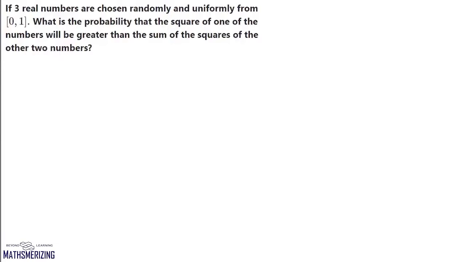If three real numbers are chosen randomly and uniformly from 0 to 1, suppose the three real numbers are X, Y and Z, and they take values from 0 to 1. Now the sample space can be mapped with a cube of unit volume.